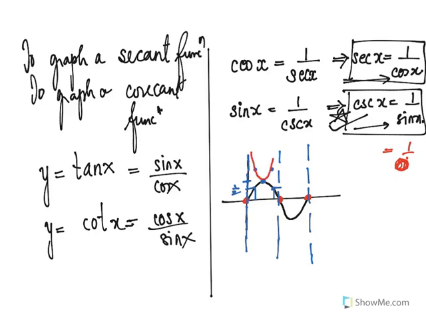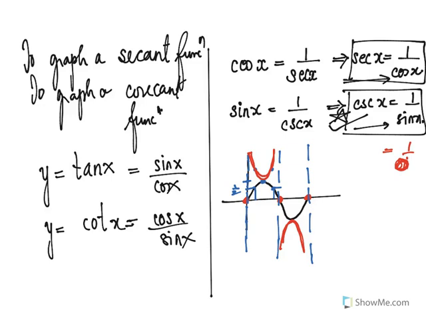So what the graph basically does is switch its orientation. And right now, the graph that you see, the red color graph, is the graph of the cosecant function. So this is how we draw the cosecant function.